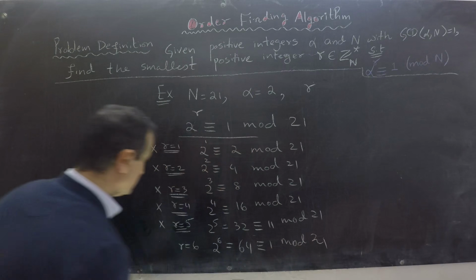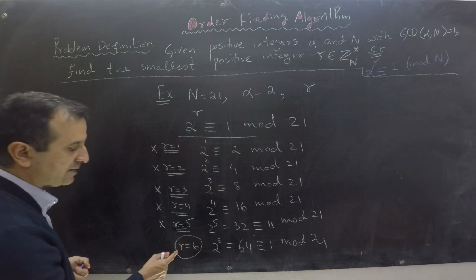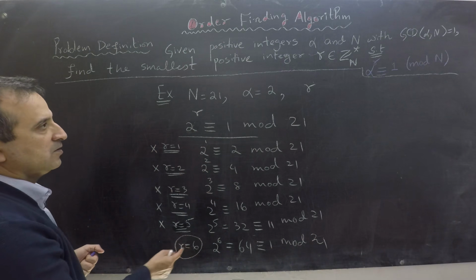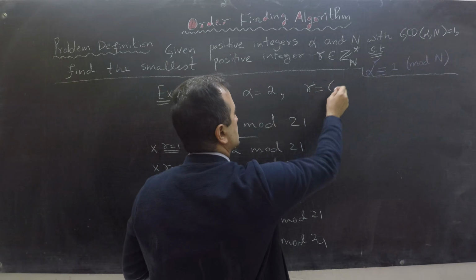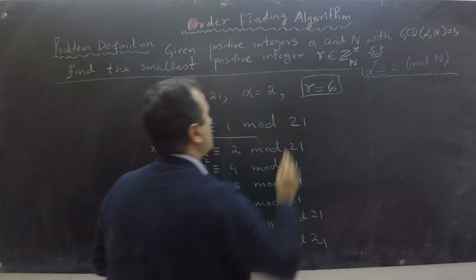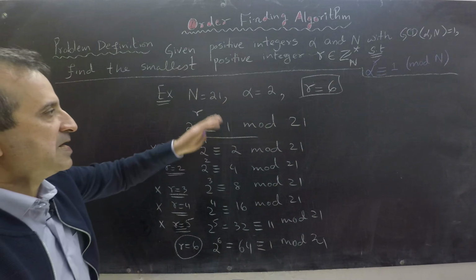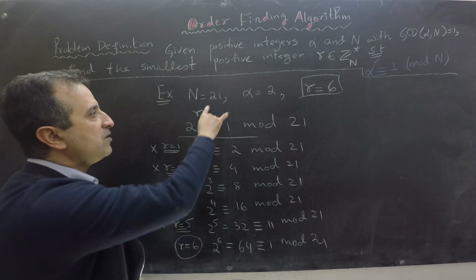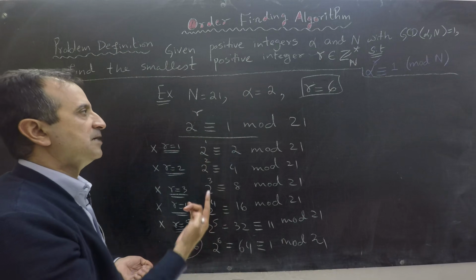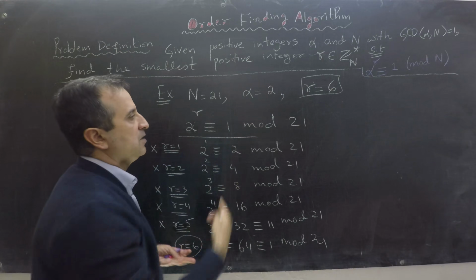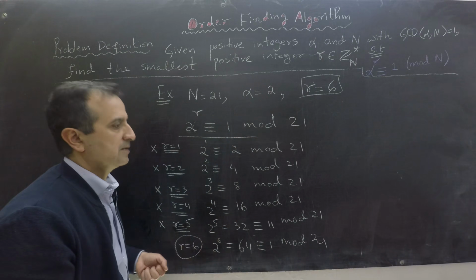So that means 6 is my order for this example. So my r for this example is equal to 6. Also notice that this is a valid example because GCD of 21 and 2 is equal to 1. That means 21 and 2 have no common factors.